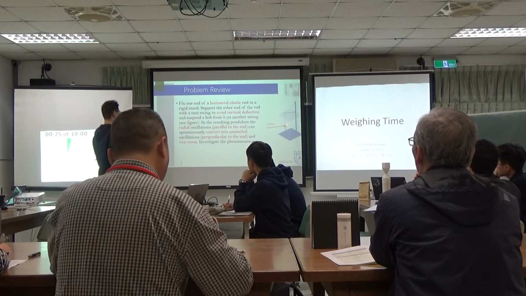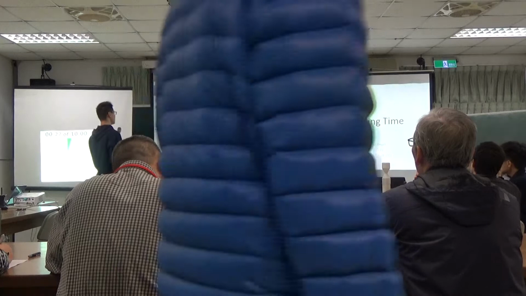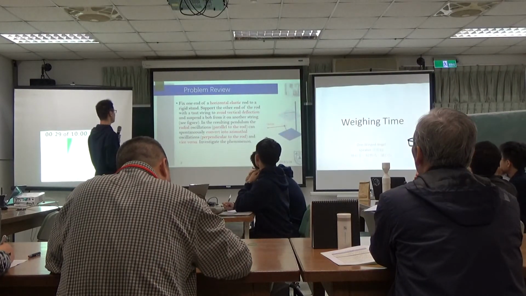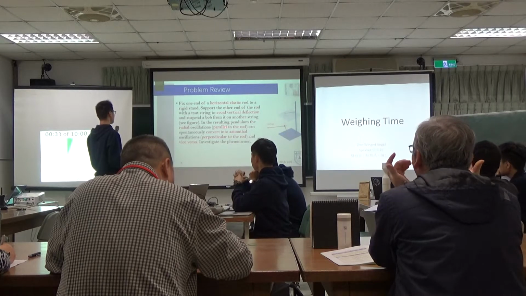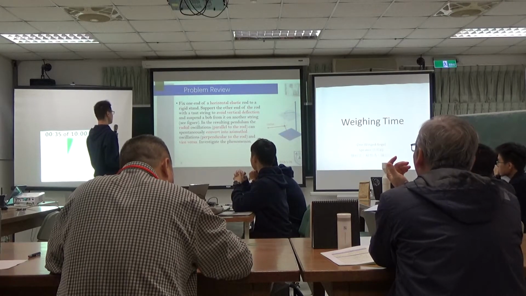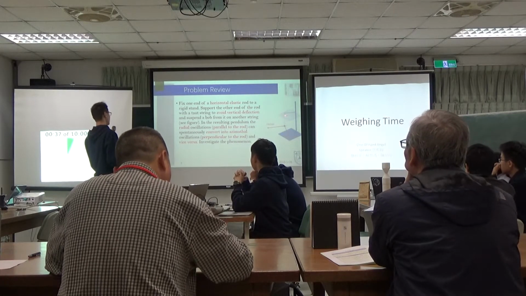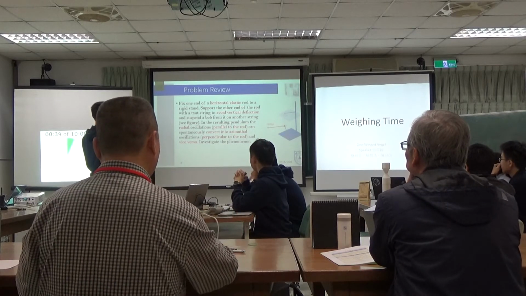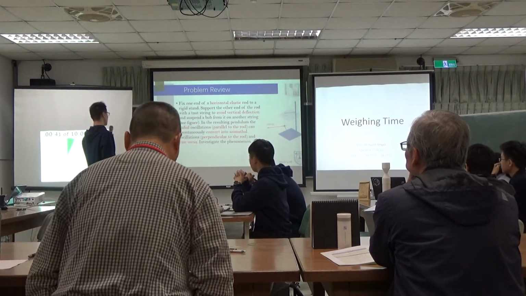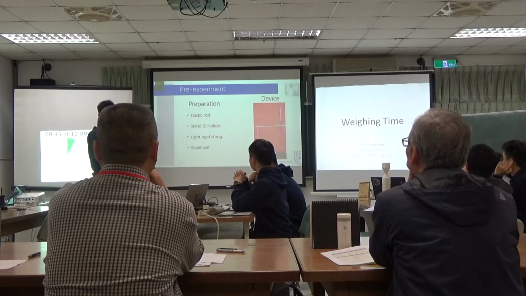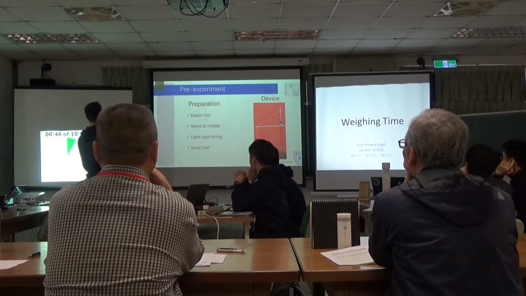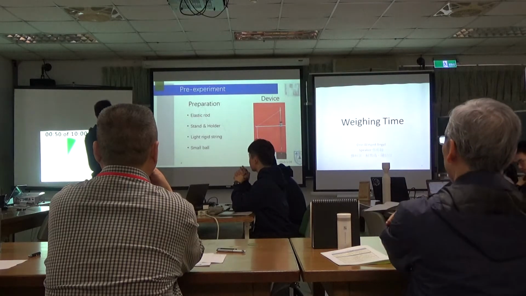A bulb is suspended from the end of a horizontal elastic rod, and in the resulting pendulum, the radial oscillation, which is parallel to the rod, can spontaneously convert into azimuthal oscillation. To investigate the phenomenon, I did a pre-experiment.